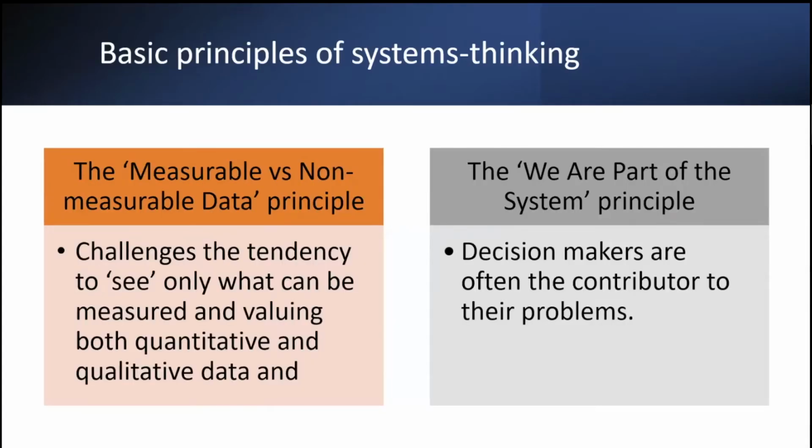Another principle is the measurable versus non-measurable data principle, which encourages organizations to challenge the tendency to see only what they have measured already. So for example, in the COVID scenario, we have measured how many people die within 28 days after being infected by COVID.